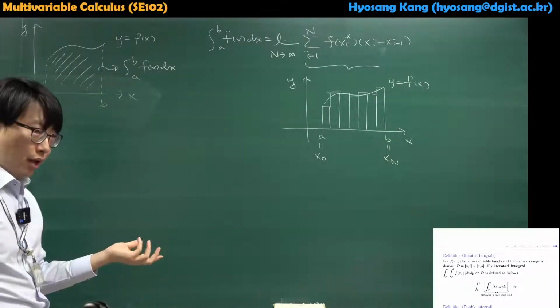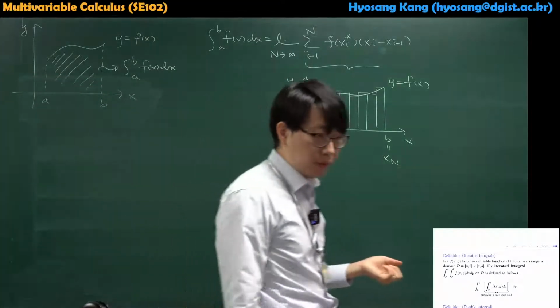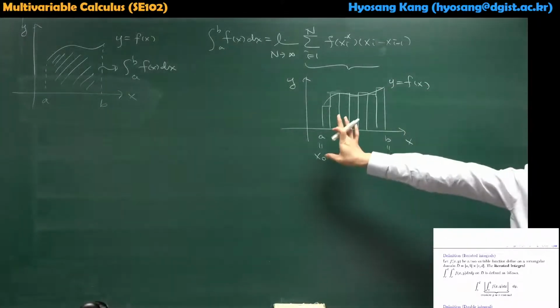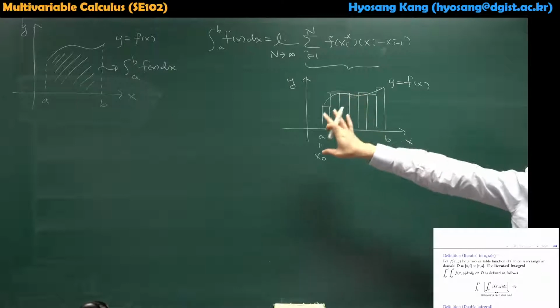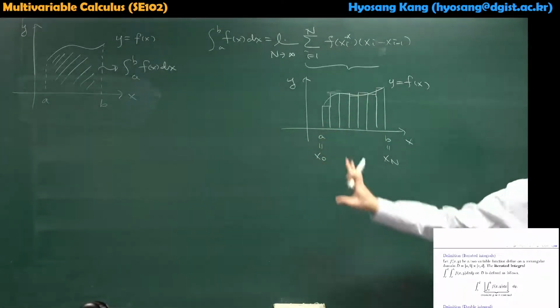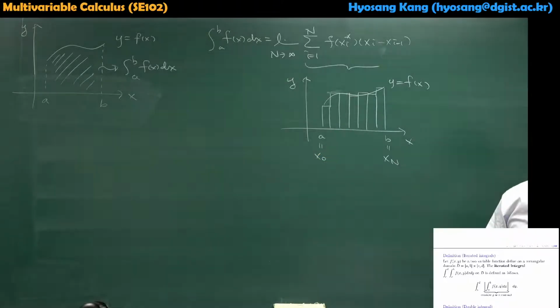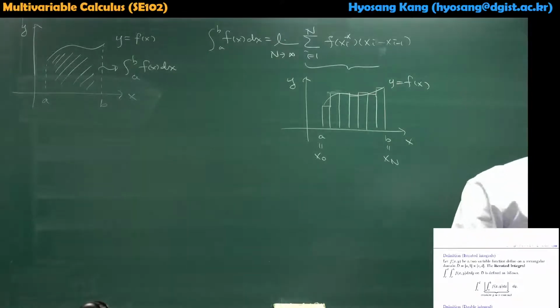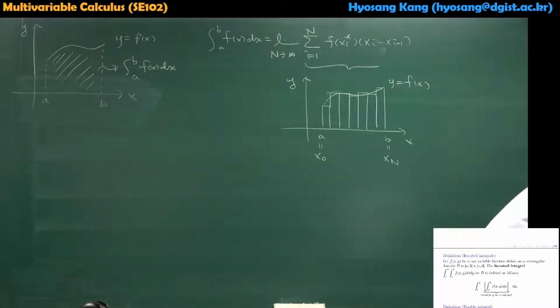So when we have a multivariable function, we can generalize this idea of the definite integral naturally to the graph of the multivariable function. For example, if you take a two-variable function, you can generalize this concept naturally. I'm not going to enlarge that slide.